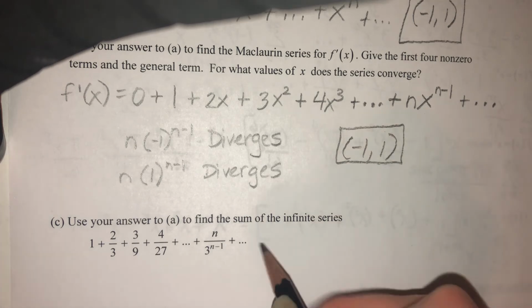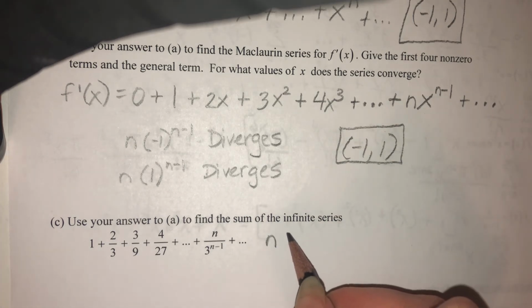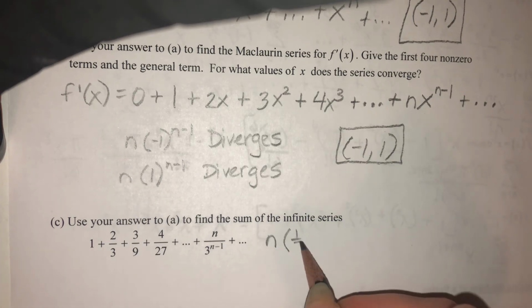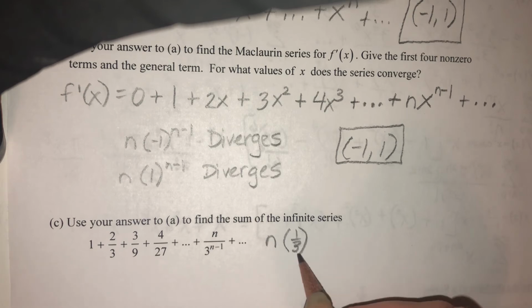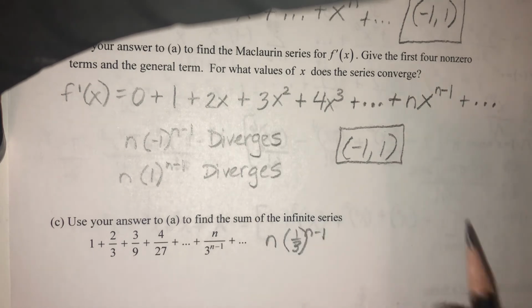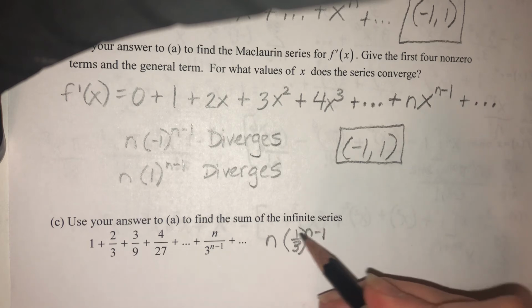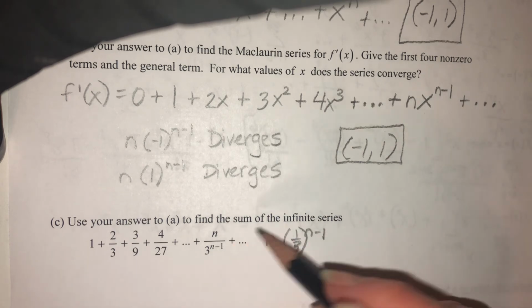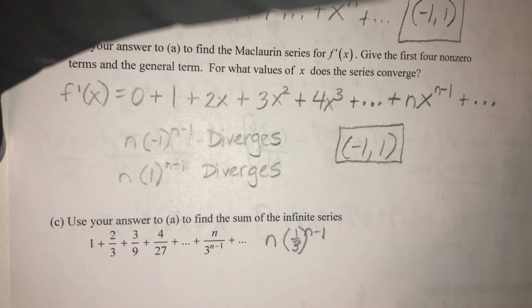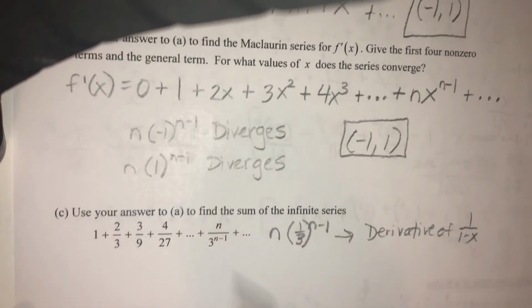But let's see, if you look at it like this, n times 1/3 raised to the power of n minus 1, because the numerator here would be 1, so that n could just multiply and be on top. So that's what we're looking at. This is the derivative of 1 over 1 minus x.